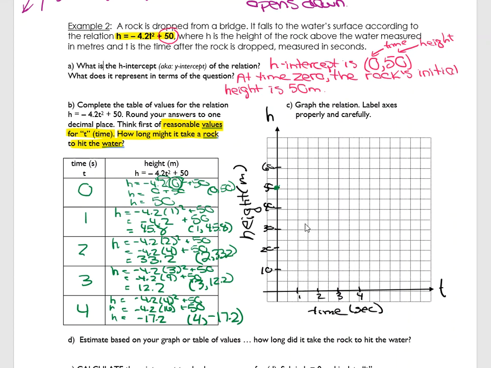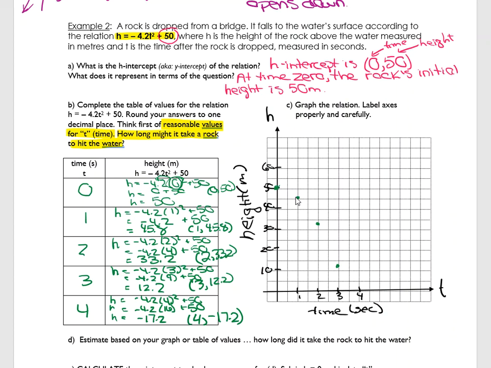Again, when you get decimals, they're really hard to put on. 45.8, I'm counting by 5, so it's just over this 45 line, like that. (2, 33.2), so 2 and 30, there's 35, 33.2, let's put it about here. (3, 12.2), around there maybe. Now 4, it was negative 17, so I'm not going to put 4 on there.